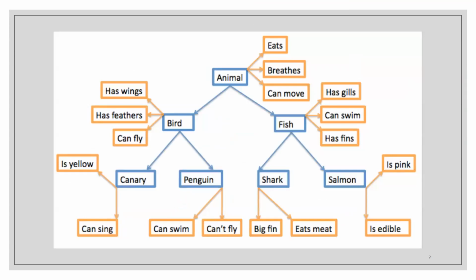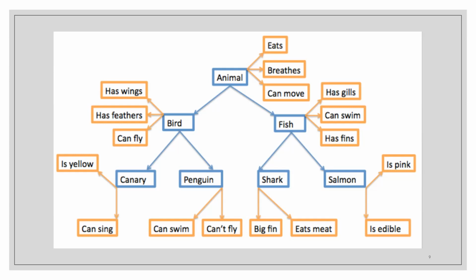If we look at examples, let's just take an example of, say, penguin. If you say the word penguin, you probably have somewhere in your brain a connection to the word bird. Penguins are birds. But we also have some features that we associate with penguin. We know that penguins can swim, but they can't fly.